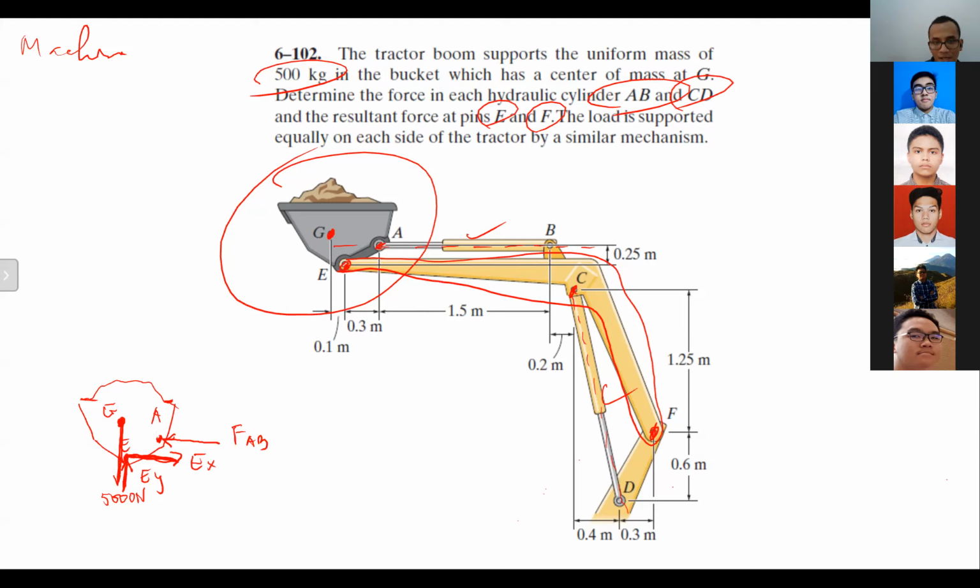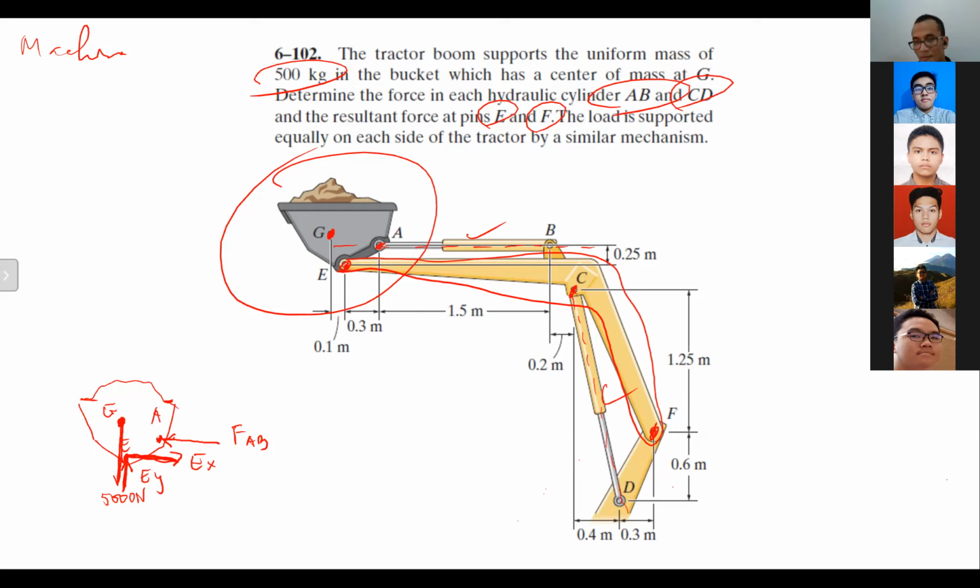If it's to the left, what's the meaning? Under your assumption, is AB under compression or tension here? Tension. Tension means AB is pulling the bucket, but now AB is pushing the bucket. It's compression, right? Oh, okay. I got the definition wrong, sir. I flipped the definition.